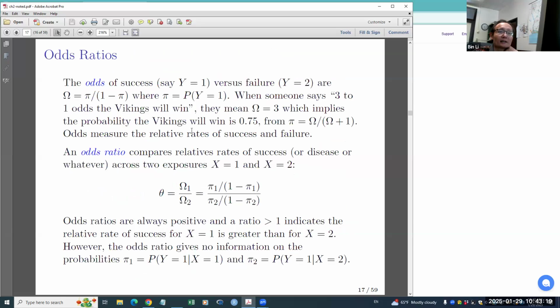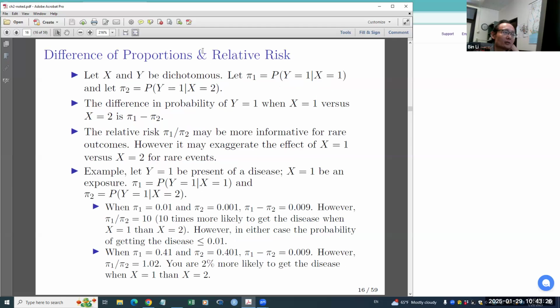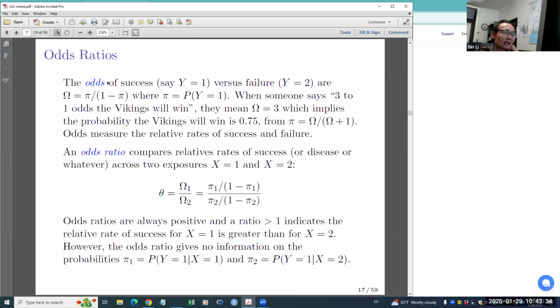And actually we have another one that's called odds ratio. Odds ratio is the same setting as here, so x and y are binary, right? This time, odds ratio is based on odds. So first, what is the odds?